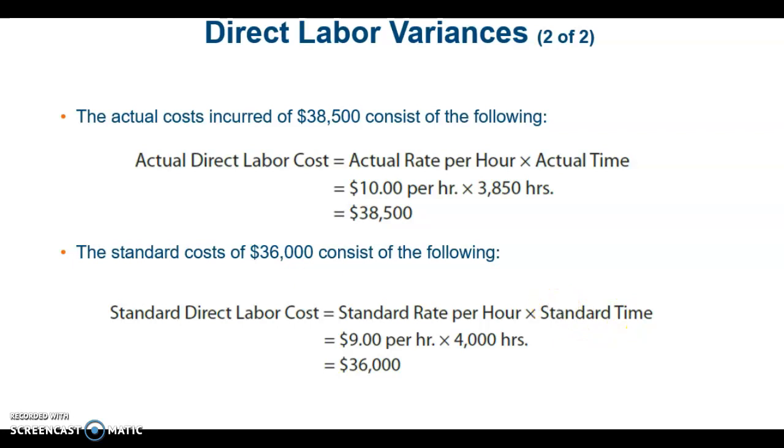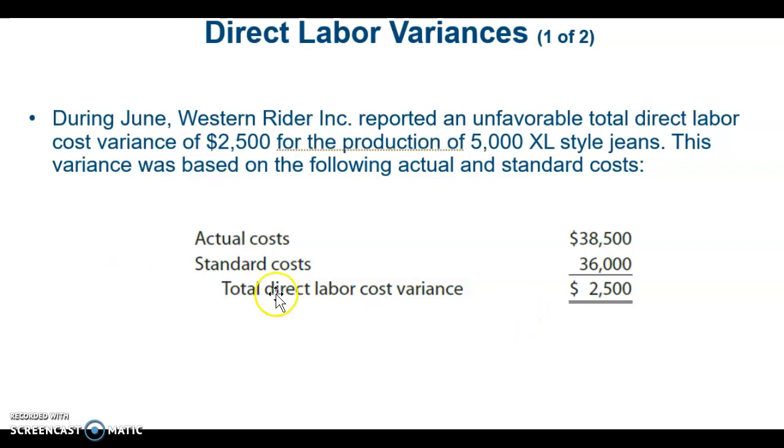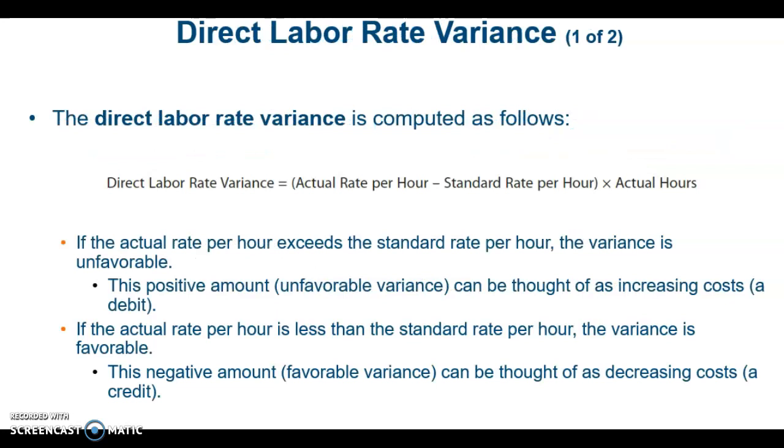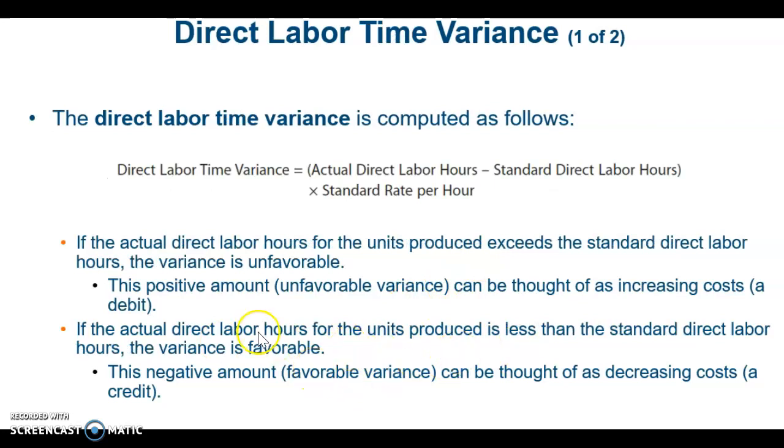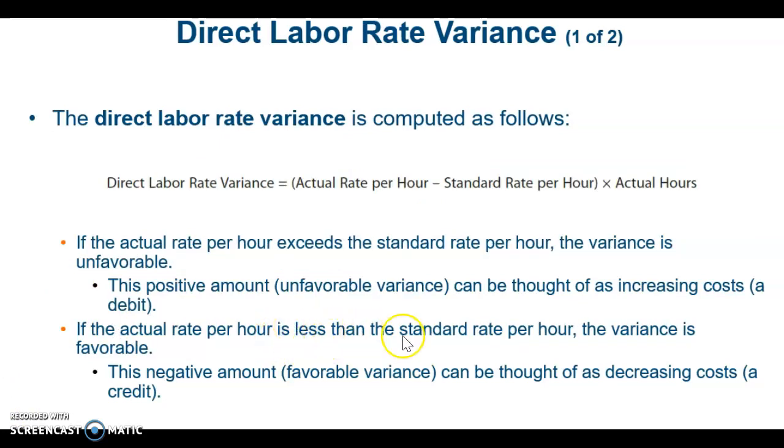So if the actual rate exceeds the standard rate, we paid more per hour than we expected, and that would be unfavorable. If the reverse is true, if we actually paid them less than the standard rate, then we would have a favorable variance.